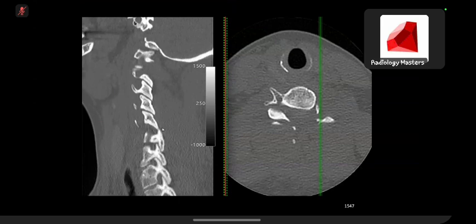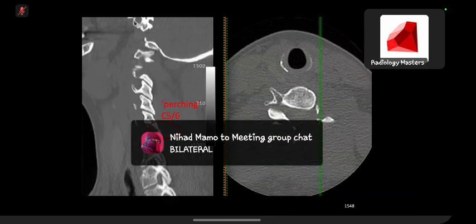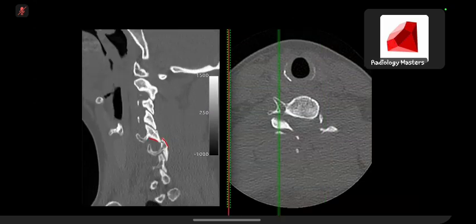Yeah, it's on the left-hand side, perching. But on the right-hand side, we've got a complete dislocation. Okay, so perching is like this, and this facet is now locked in front of the facet behind. So we've got C5-6 facet lock injury.